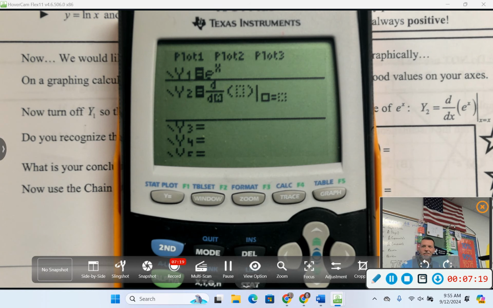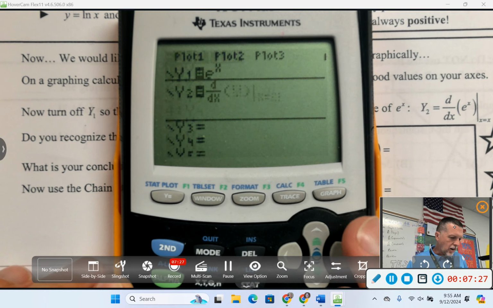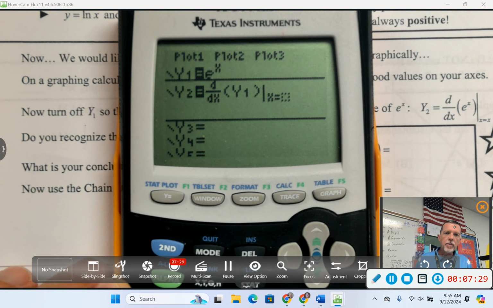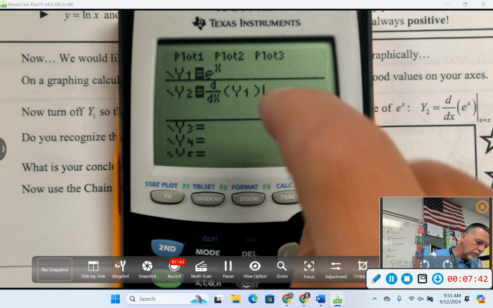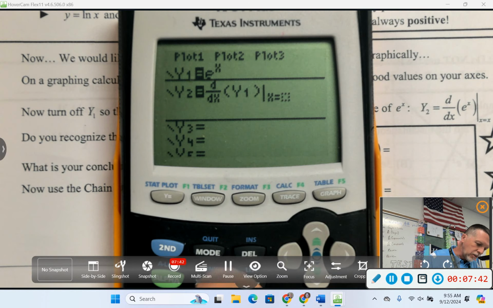Again, you don't need to know this yet, but we'll get there. Your calculator can do derivatives. So I want a derivative with respect to x of that first function. And it can do it anywhere you want, right? There's the little bar that means evaluated at. But if I plug in 0 or 1 or 2 there, it's going to give me that one derivative everywhere. I want it to find the derivative for every value of x.